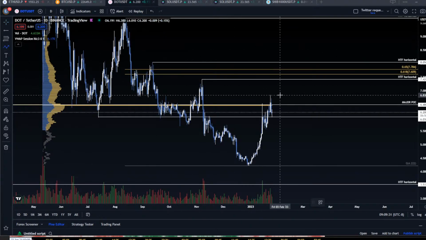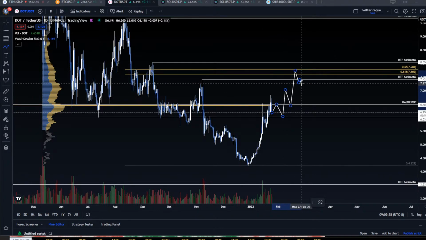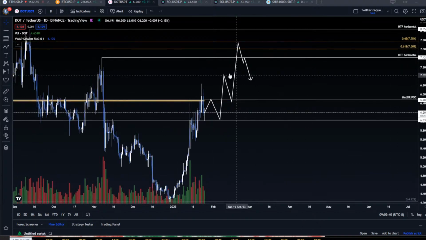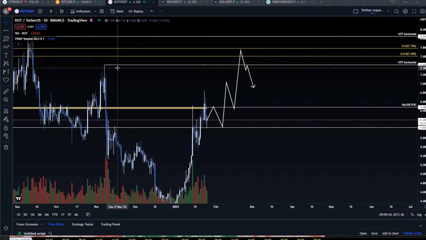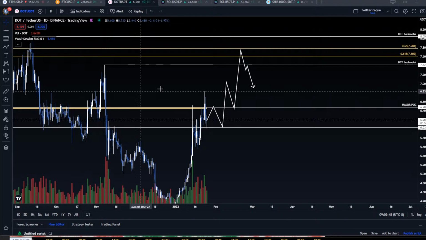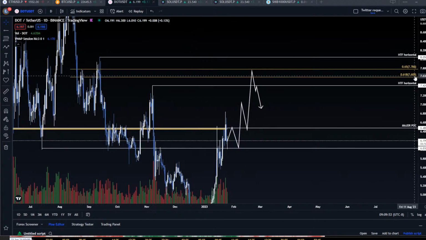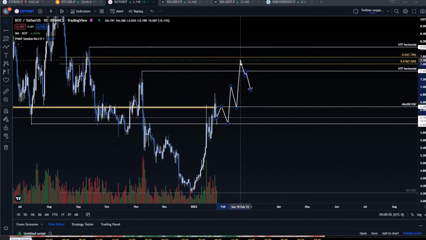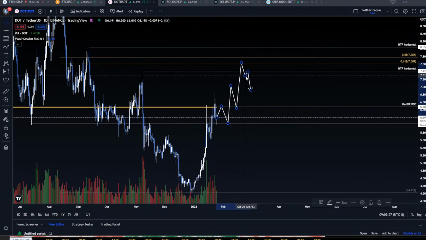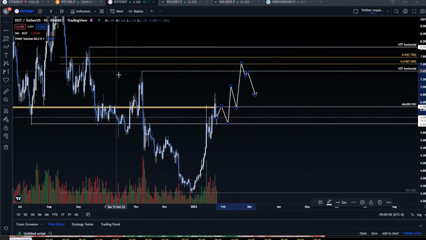Which would be for DOT to continue up here. Of course, we need to reclaim the point of control and swing failure this high, right? So any high time frame, all these horizontals are potential swing failure liquidity grab targets. And so a short setup that could be interesting would be to come up, tap this major fib, grab the liquidity above this high, reject.